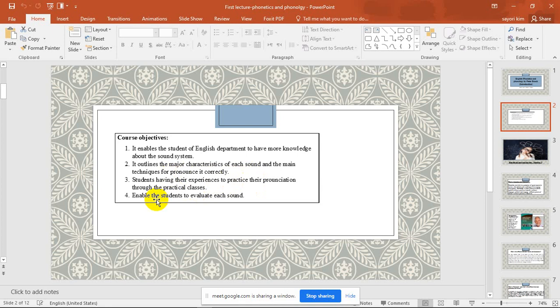Students will have experience practicing their pronunciation through the practical classes. If we have practical classes at college, we will be lucky, and we will practice the pronunciation of these sounds. If we don't, then we will practice pronunciation each Wednesday.